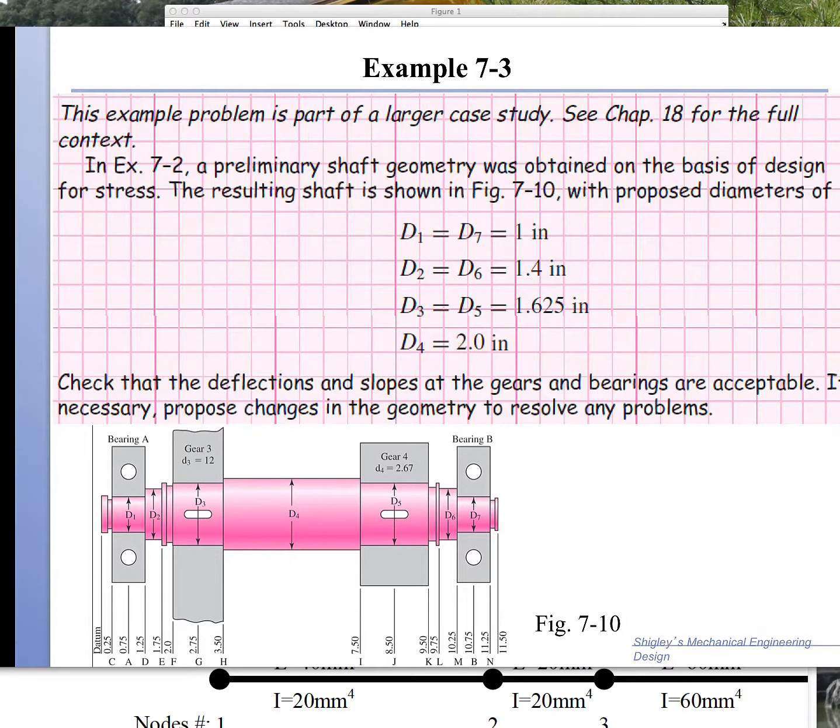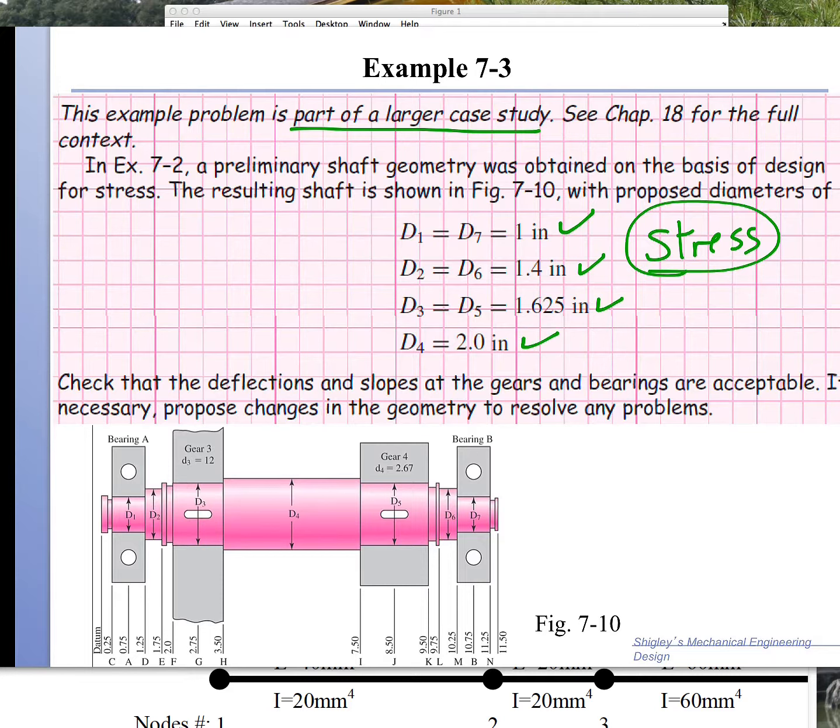In order for us to do that, we need to go back to our example, which is a part of a larger case study that we will continue building up as we move on. So far, our stress considerations have resulted in defining the diameters, as you can see here: 1 inch, 1.4, 1.625, and 2.